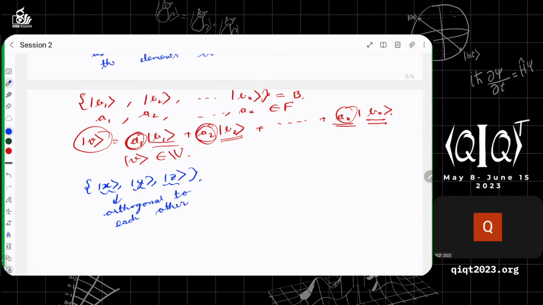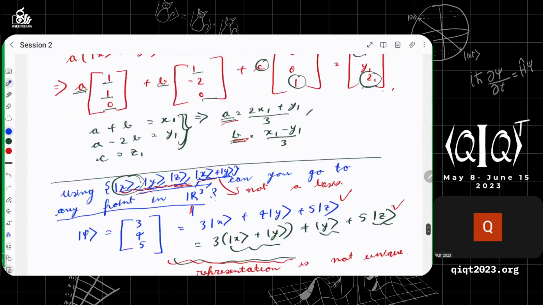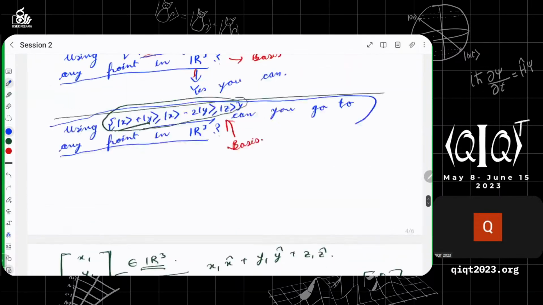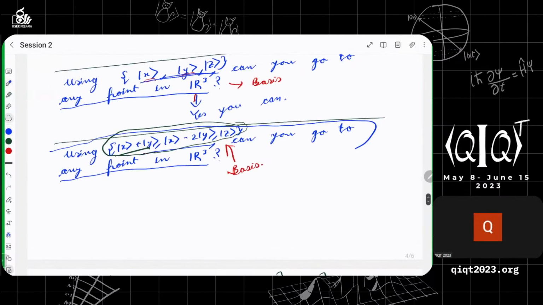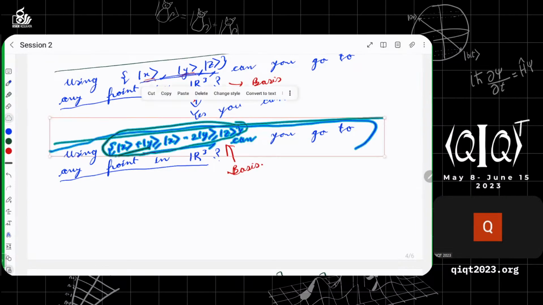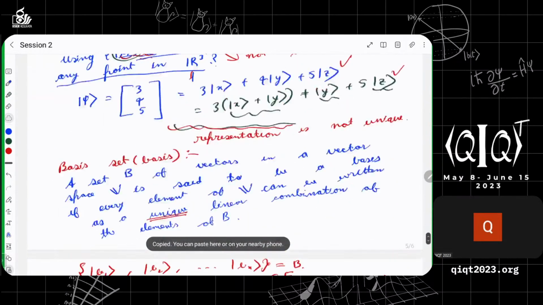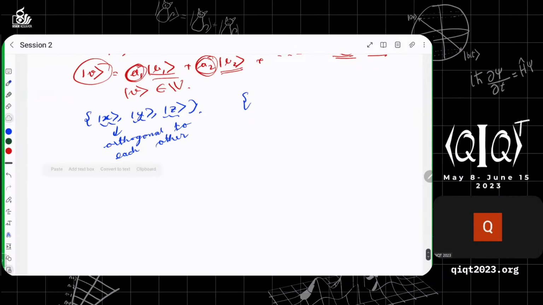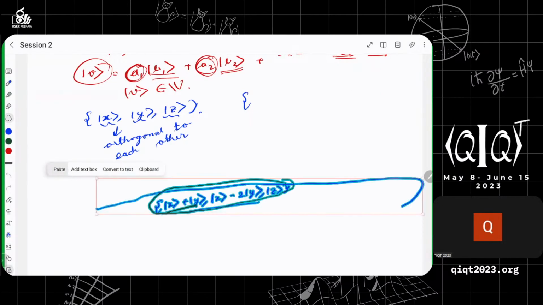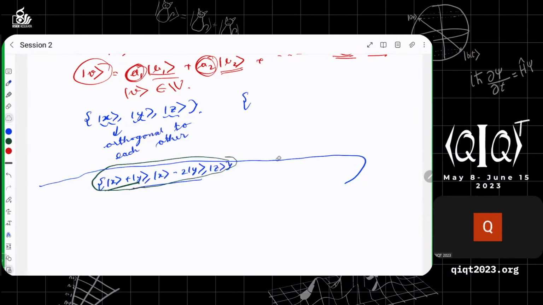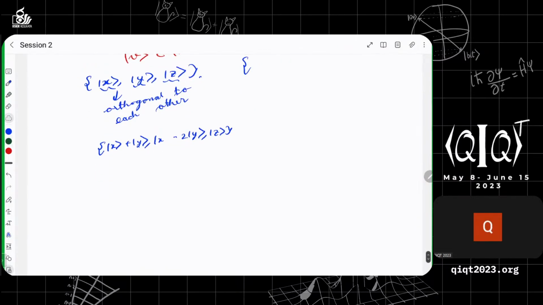But now what if I look at the other basis that we considered here? So if we consider this basis, then are all the elements orthogonal to each other?